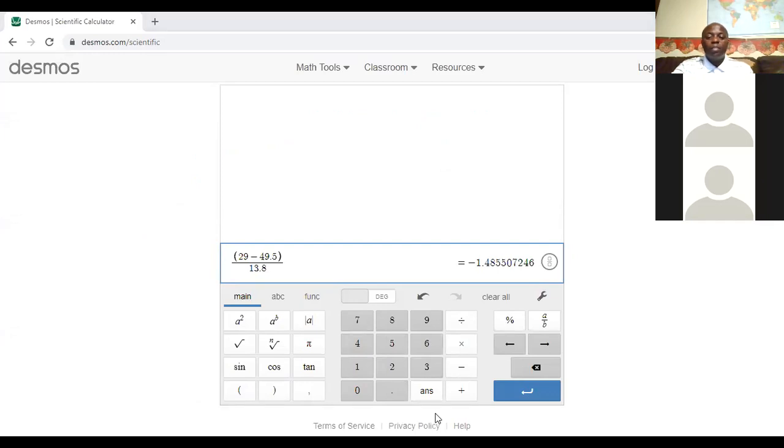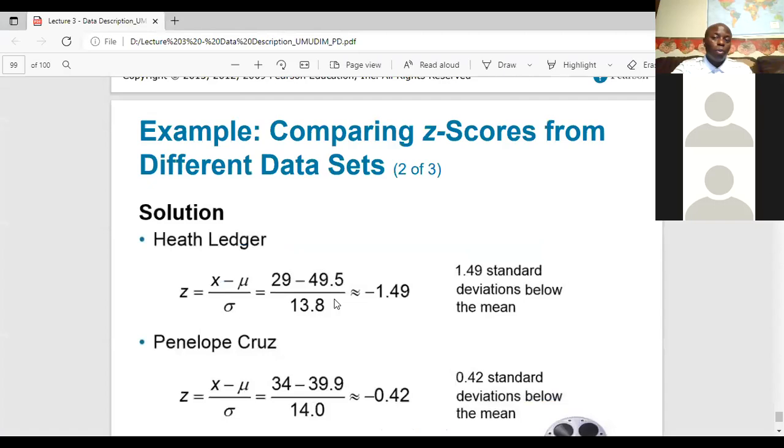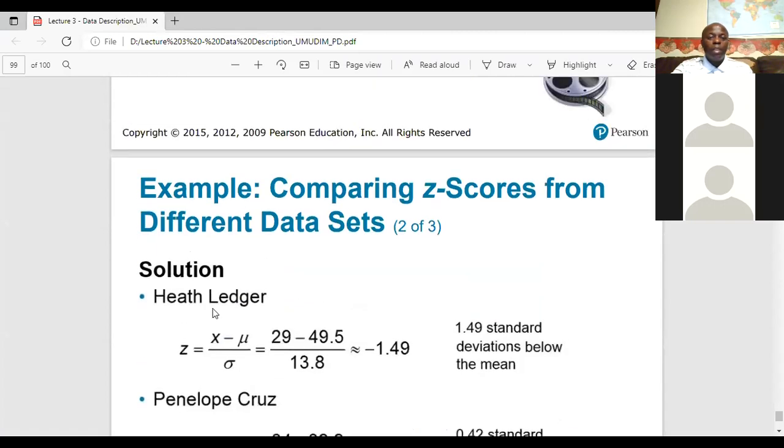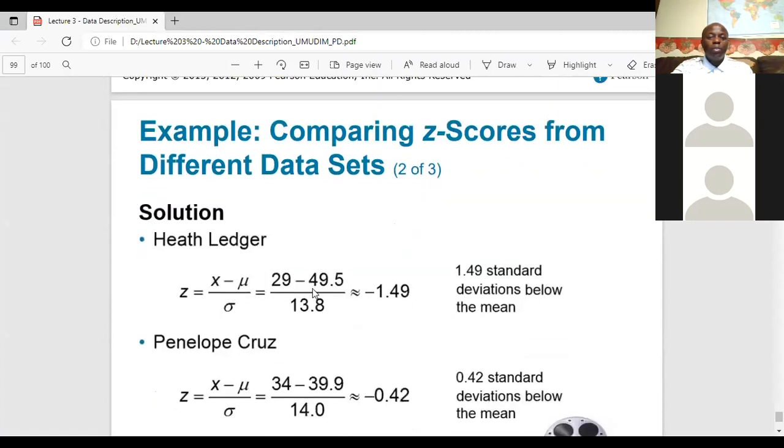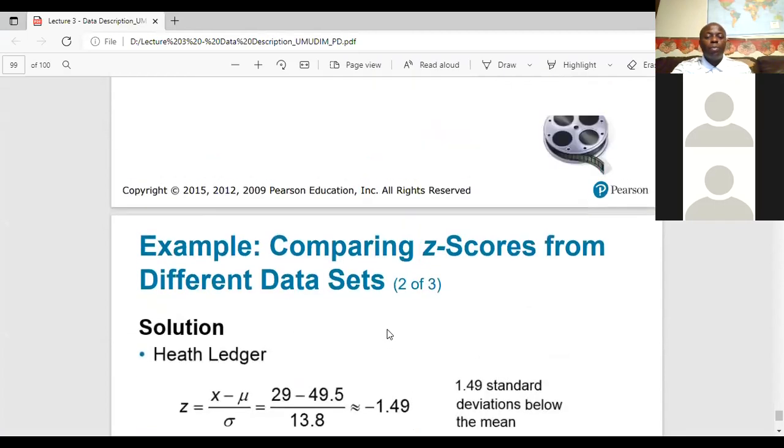For this one, negative means that it is below the mean. Positive means it is above the mean. So you can say that Heath's age is 1.49 standard deviations below the average age of winning the Oscar for that group. Now you can repeat the process for Penelope Cruz.